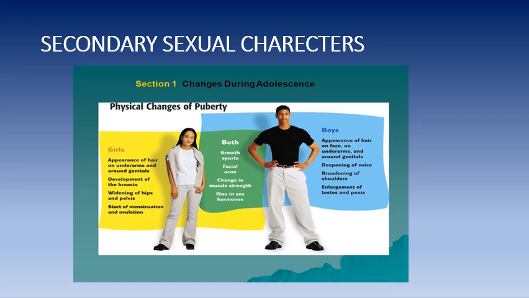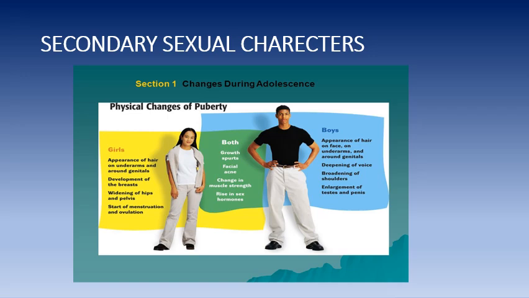Sexual maturity is usually attained in males at the age of 13 to 14 years. In females, it is attained at the age of 12 to 13 years. This age is known as the age of puberty. So during sexual maturity, what happens?